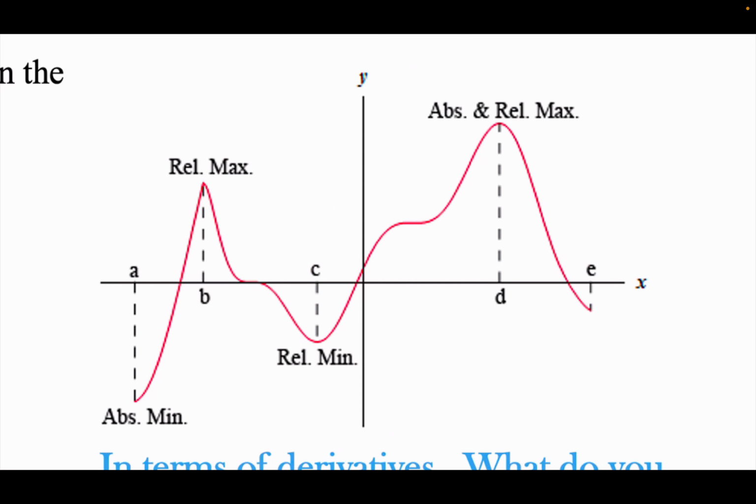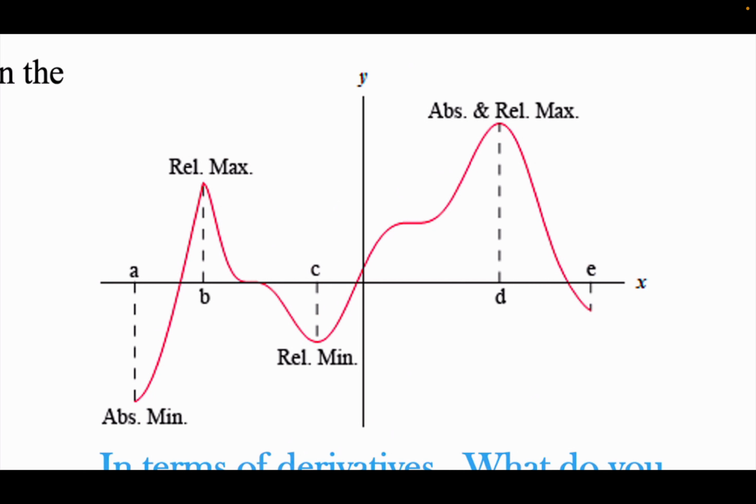Same thing with C, it's a valley. Is it the lowest valley? No. It's not Death Valley, the lowest part. But it is a valley. This guy is both absolute and relative because it is the overall high, but also for that area.